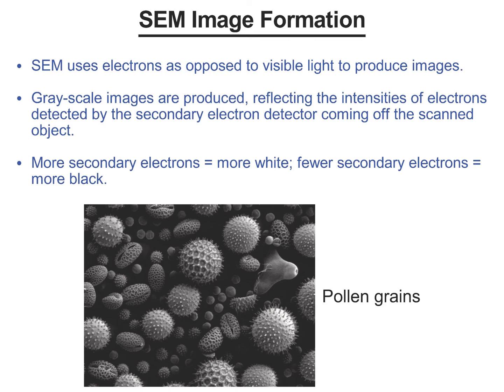Rather, images are grayscale, and the different shades of gray reflect the intensities of the secondary electrons coming off the scanned sample. This means areas in an image that are more white are due to more secondary electrons coming off the sample, while the darker areas in the image are due to fewer secondary electrons.